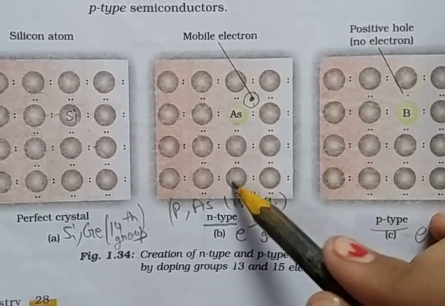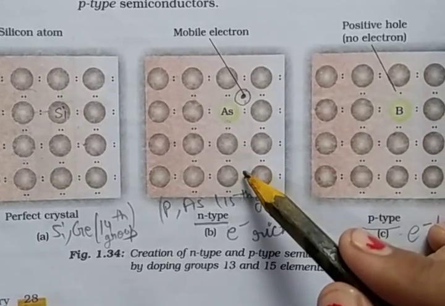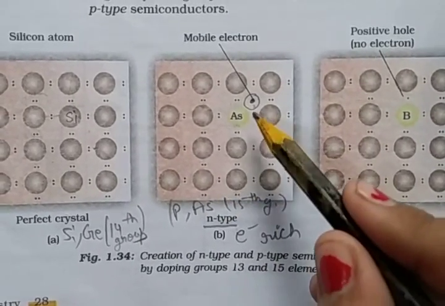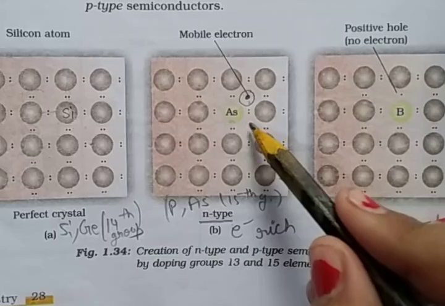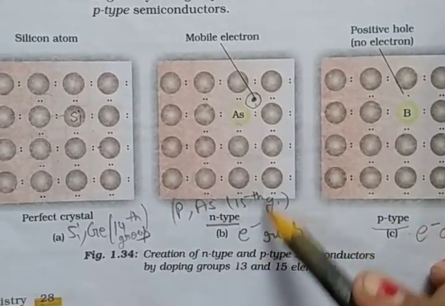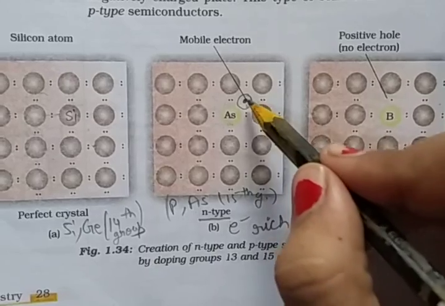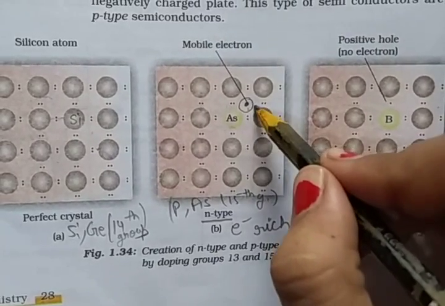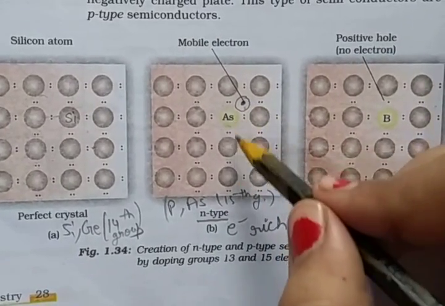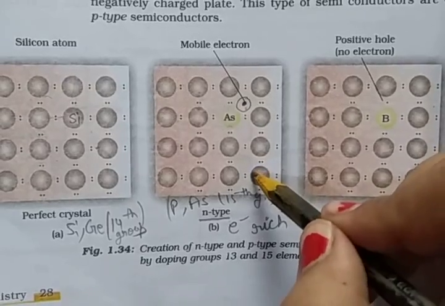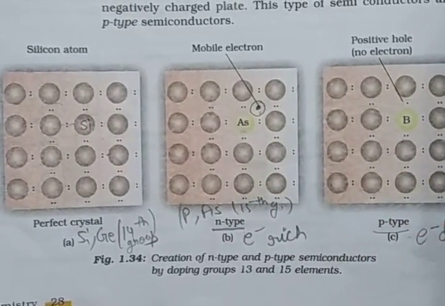Silicon doped with electron rich impurities is called n-type semiconductor.